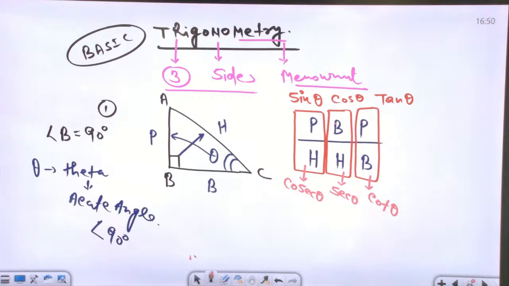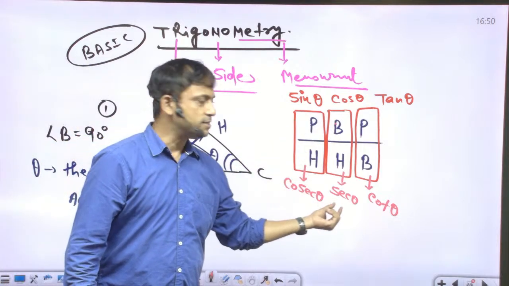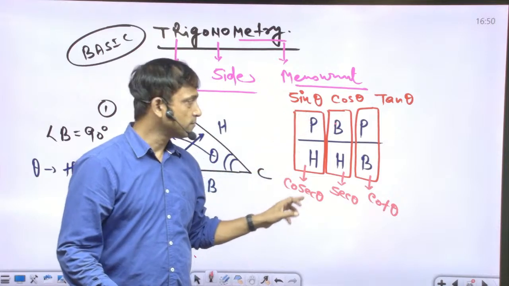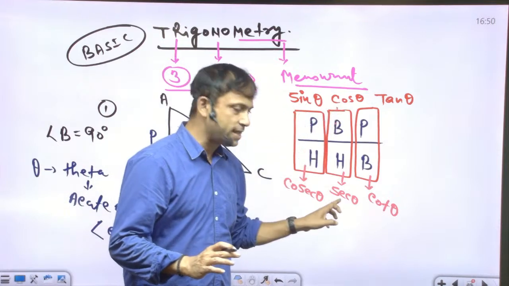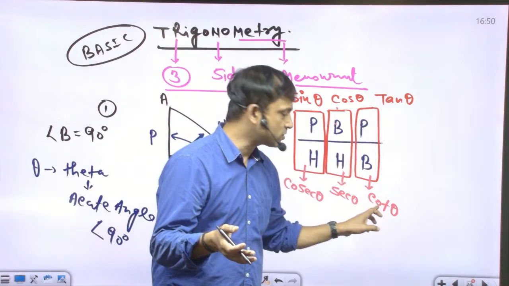So there are only 6 namings: sine, cos, tan, and 3 reciprocals: cosec, sec and cot. Reciprocal of sine is cosec, reciprocal of cos is sec, and the reciprocal of tan is cot.